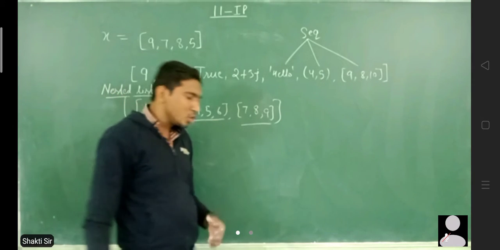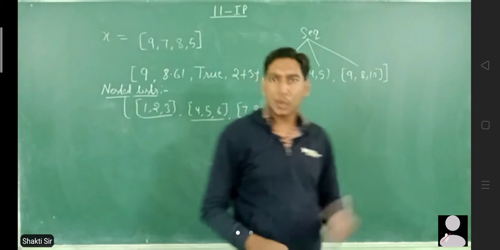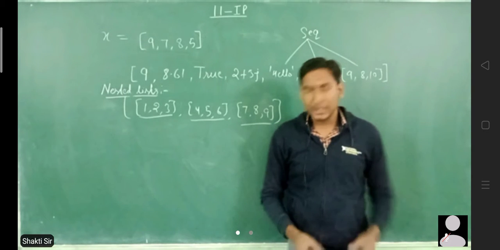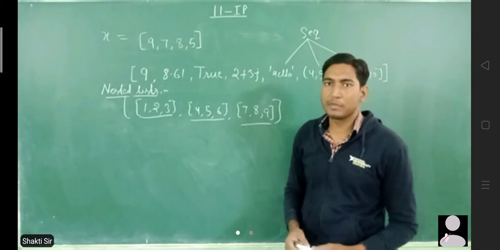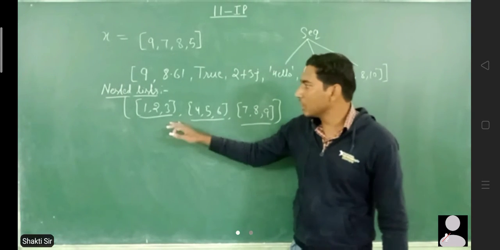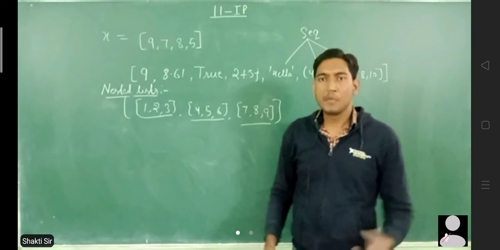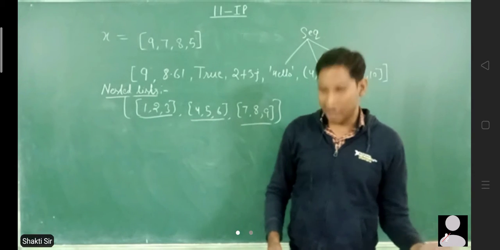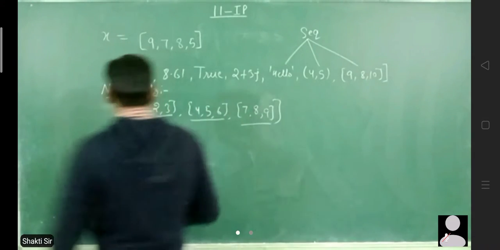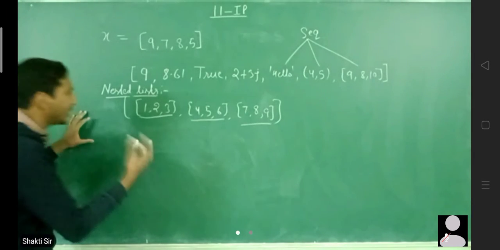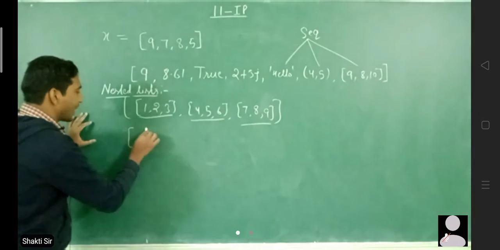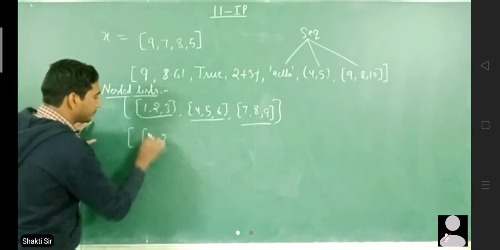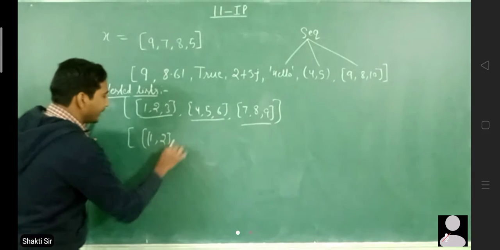In the case of nested lists, we have many levels. This is a 2-level nested list. We can create a nested list of 3 levels, 4 levels, 5 levels. Let us see an example of a nested list of 3 levels. I will have a list like 1, 2, and then 3, 4.